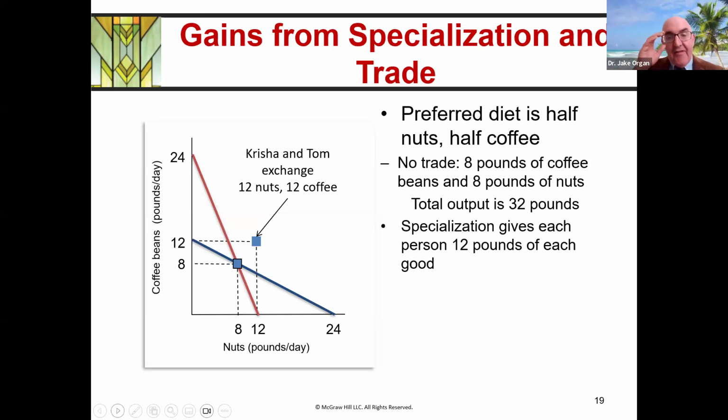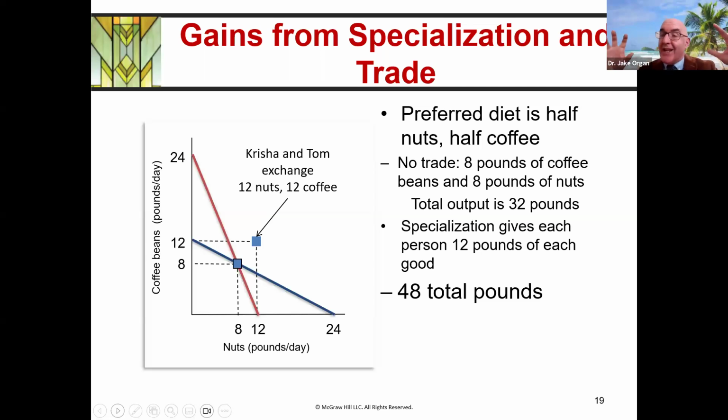But if they specialize and trade, notice each is going to be able to have 12 of each. So 12 for Tom of coffee, 12 for Tom of nuts, 12 for Krisha of coffee, 12 for Krisha of nuts. Altogether 48 total pounds, and bang, you're outside the production possibilities frontier.